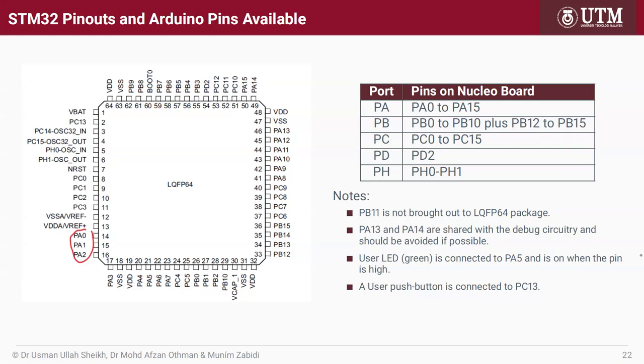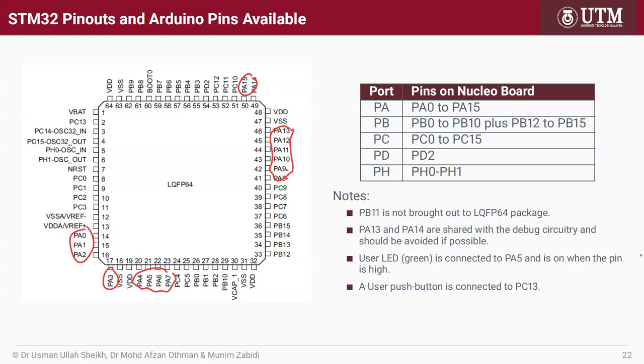PA0, 1, 2, then 4, 5, 6, 7 here, 3 here, and 8, 9, 10, 11. Just count. So we have all of this, and that's all for port A. Port A is full, everything is there.